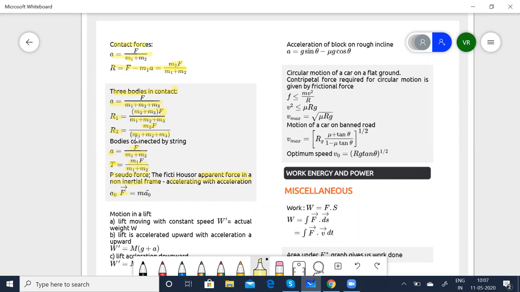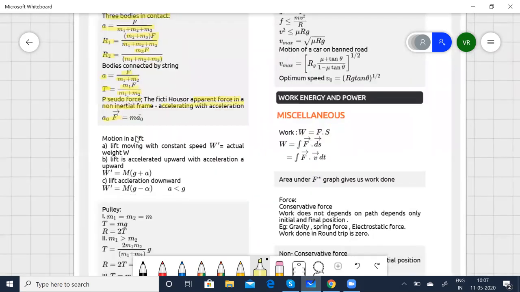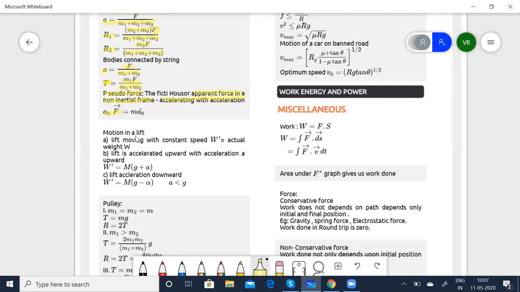Now you would often have traveled in a lift, so you would have often experienced weightlessness also. Now let us see how to go through the problems related to the lift. Okay, motion in a lift.